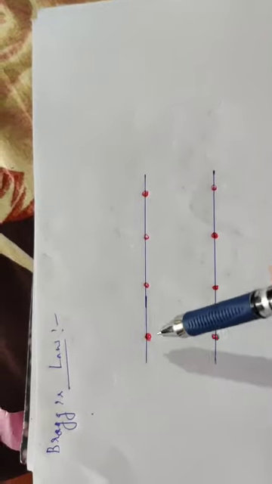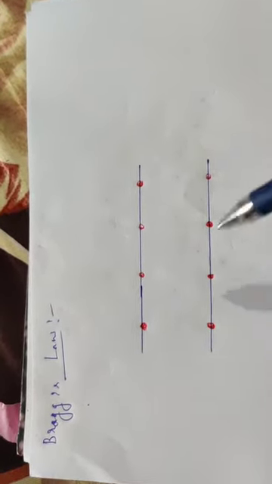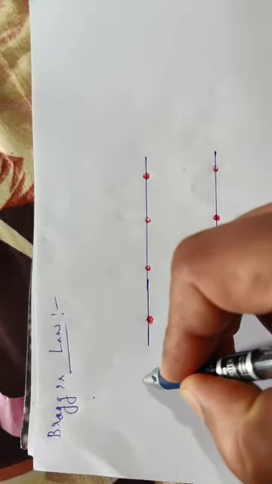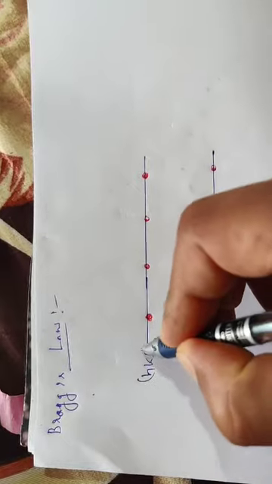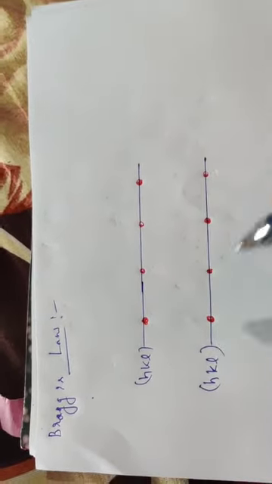In Bragg's law, we consider two parallel atomic planes of a crystal which has periodicity, and which have the Miller indices HKL. Both are parallel, so therefore their Miller indices will be the same, HKL.